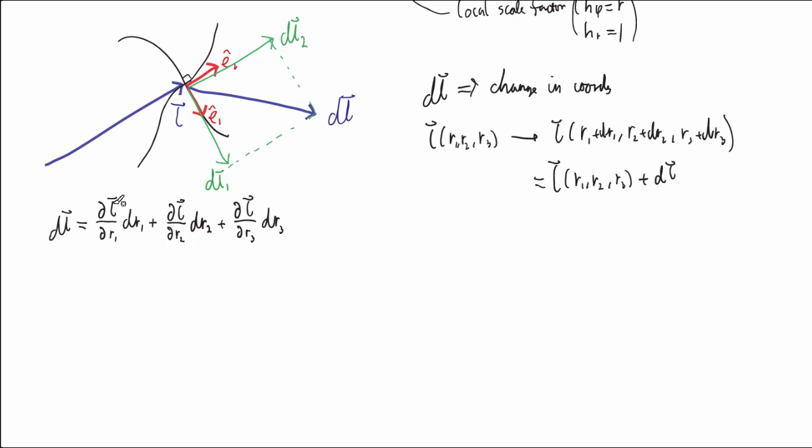This derivative here of this vector, dL, with respect to dr1, is going to be in the direction of e1 hat, because that's the direction in which dL changes if you change r1. So it's going to be along e1 hat, and the same thing for the other derivatives.